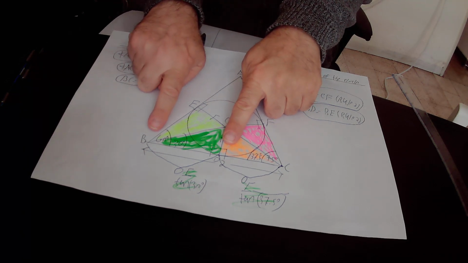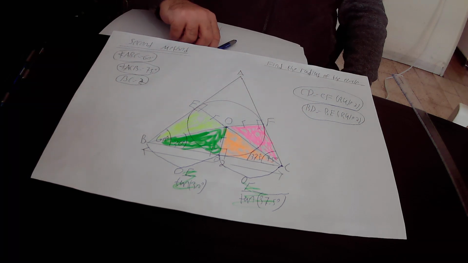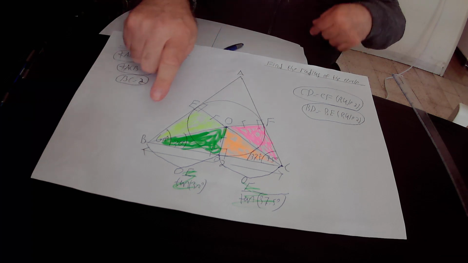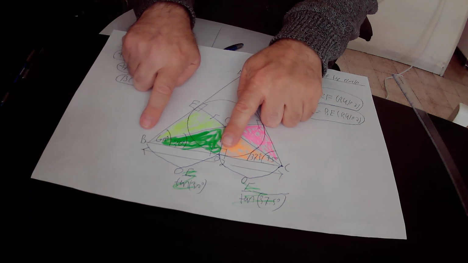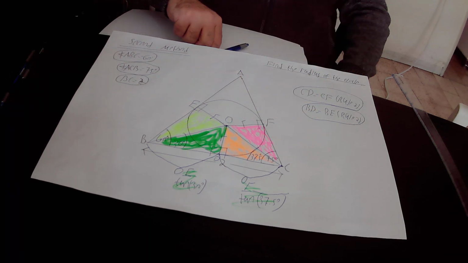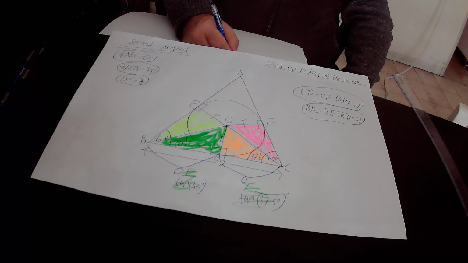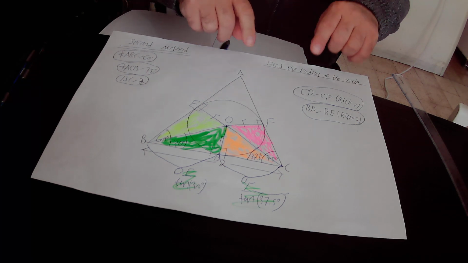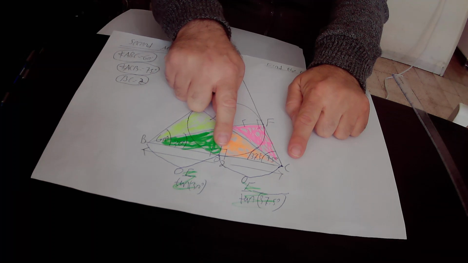BD is R over tan 30 degrees, so we substitute BD by R over tan 30 degrees, plus DC. DC is R over tan 37.5 degrees, so we substitute DC by R over tan 37.5 degrees.